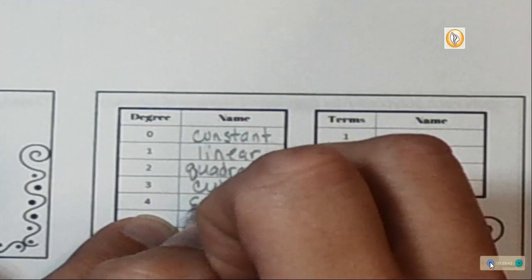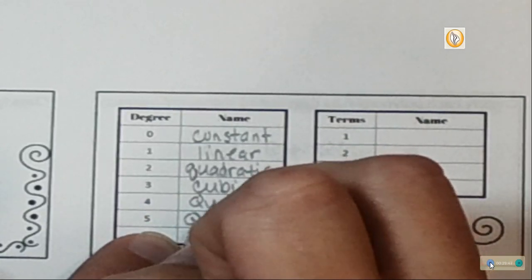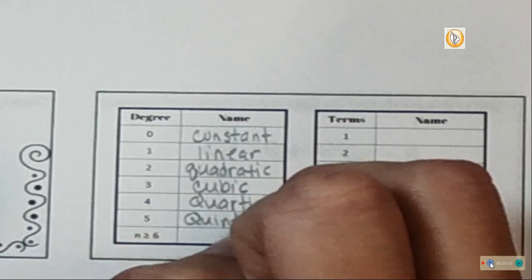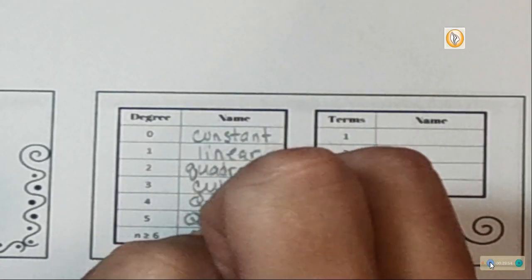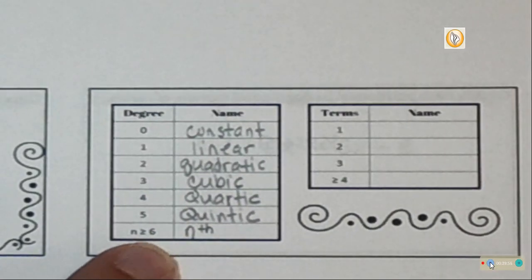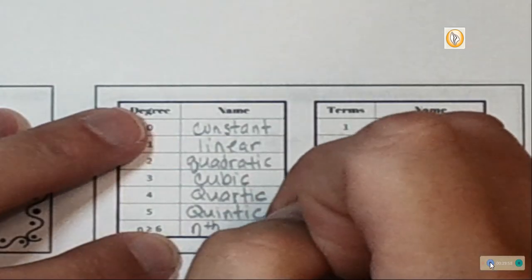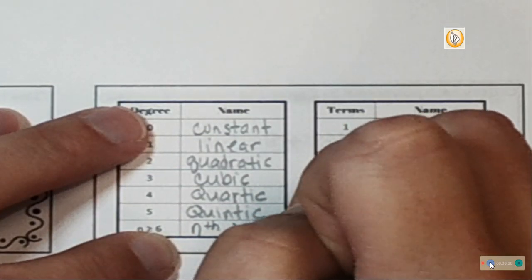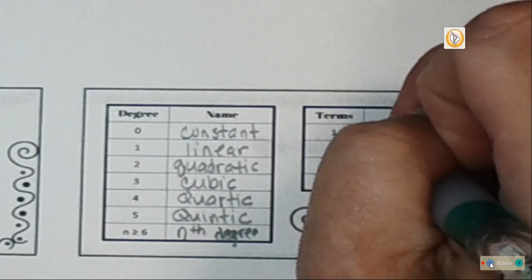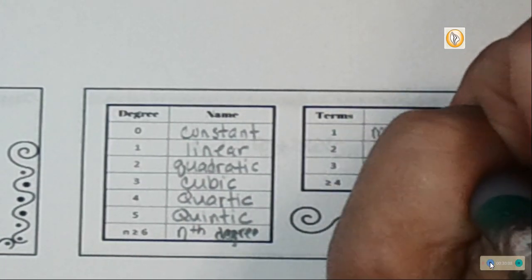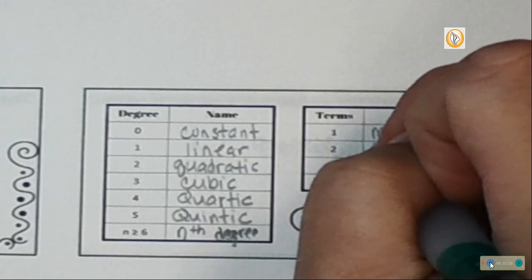Quartic. What is 5? Quintic. And anything 6 and over would be like the nth degree. So these are the words we would be using. Now, as far as terms go, if you see one term, what do you say? Monomial. If you see two terms, binomial.